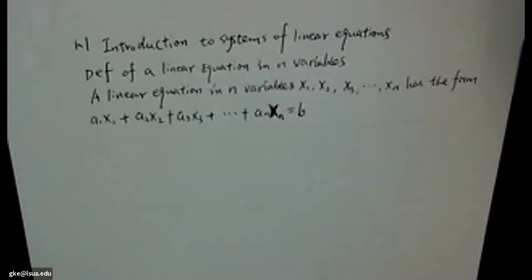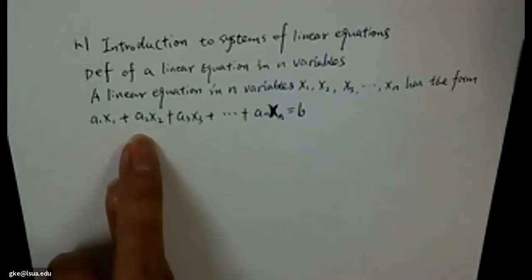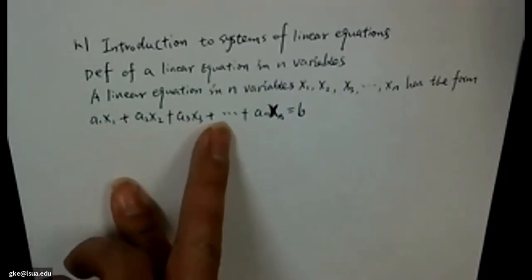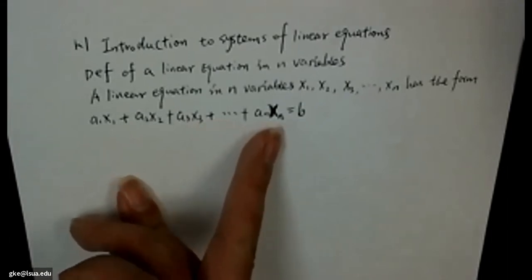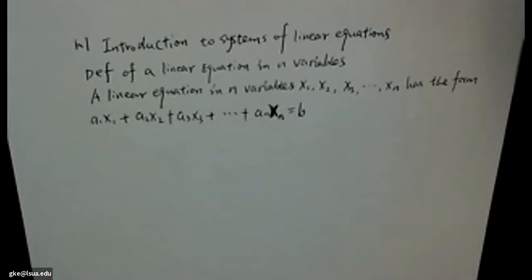So we have this format: a1 x1 plus a2 x2 plus a3 x3 plus an xn. Assume we have n terms.